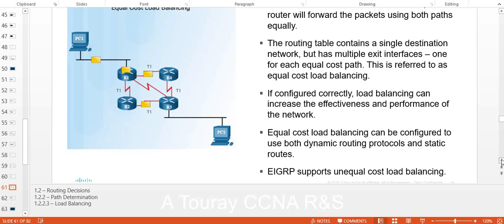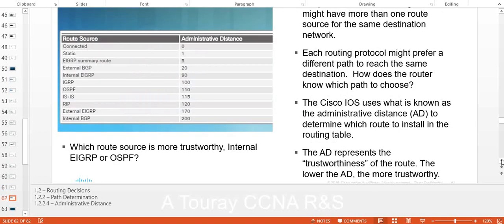How long would it take me from here to go to Serekunda? It will take me 2 minutes. If I go through Westfield, it will take me 2 minutes. And if I go to Serekunda, do I need to ask anybody? No. If I go through Westfield, do I ask nobody? No. So that is the trustworthiness. How trustworthy is a route? That's what the administrative distance is.